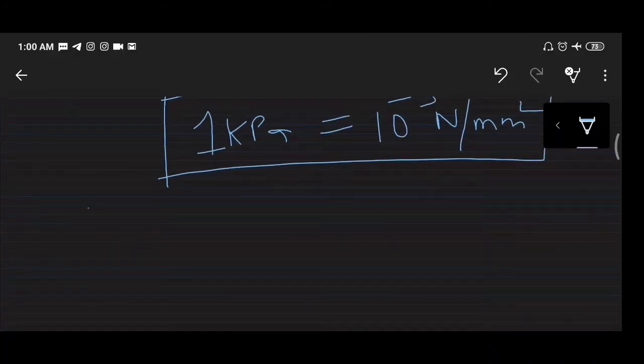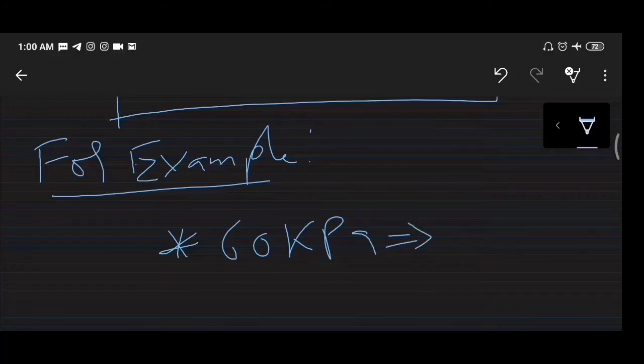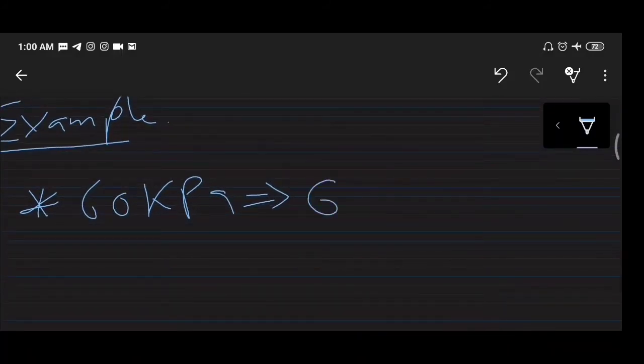So for example, if the question says 60 kilopascal, that is 60 into 10 to the power of minus 3 Newton per mm square.